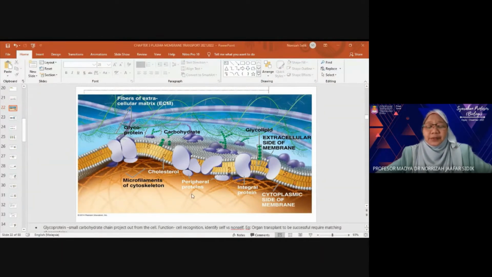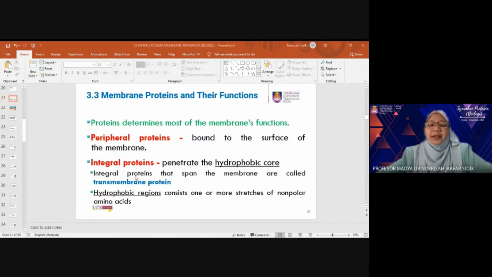There are peripheral proteins which are bound to the surface of the membrane, and also integral proteins which penetrate the hydrophobic core. There are also integral proteins that span the membrane, which we call transmembrane proteins.